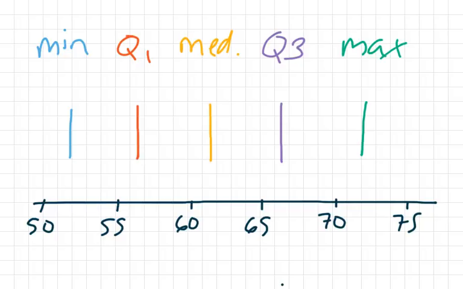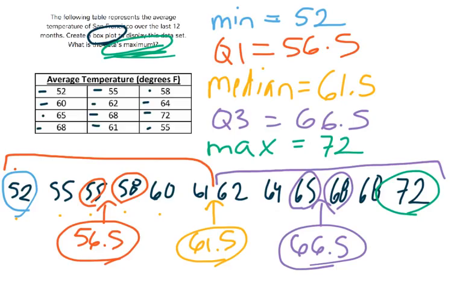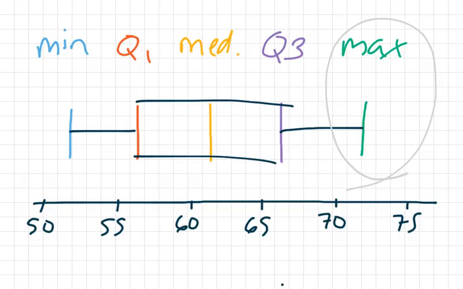To create the box plot, we connect Q1 to Q3. All that in the middle is our box, and then the whiskers just go out from the box to the minimum and the maximum value. And again, this question was really asking us what is the maximum value, and that is what we found here, was 72. We can see that it lines up at the point 72 on our box plot too.